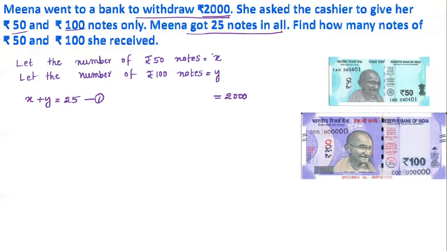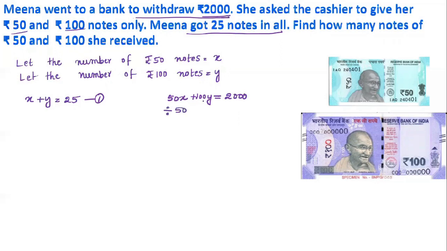Now the number of 50 rupees notes is x, so the value of 50 rupees notes will be 50x. The value of 100 rupees notes will be 100y, because there are y notes of 100. So 50x plus 100y is equal to 2000.